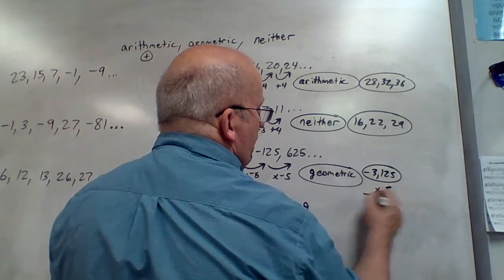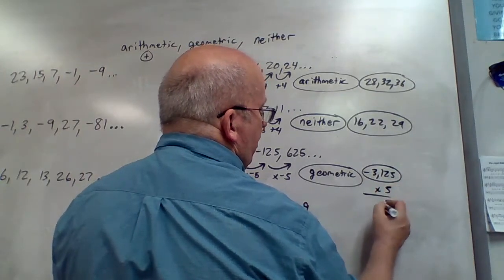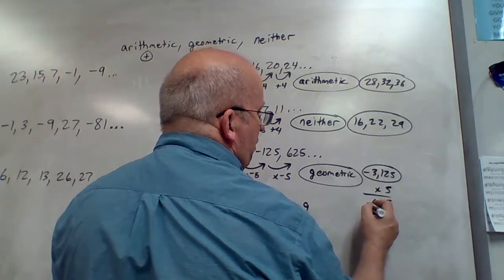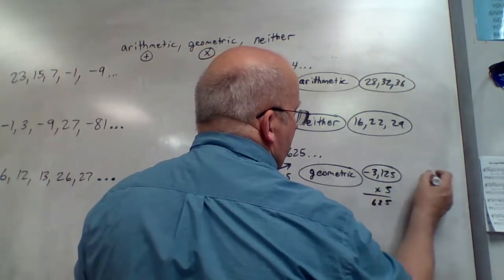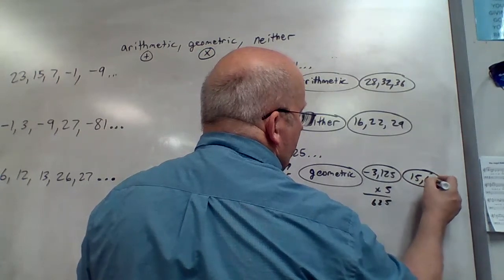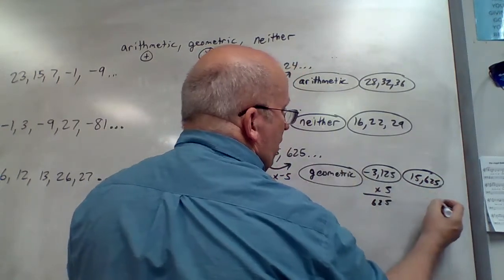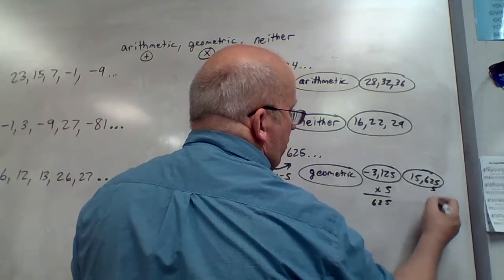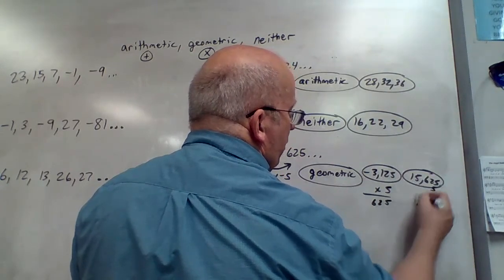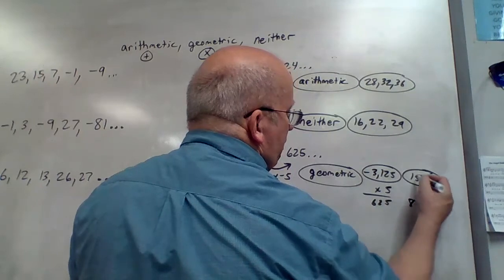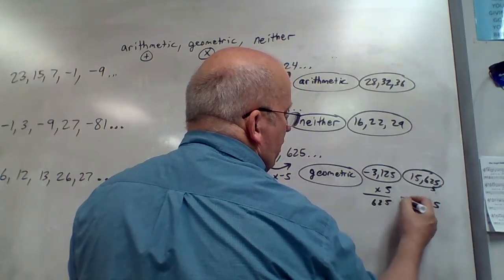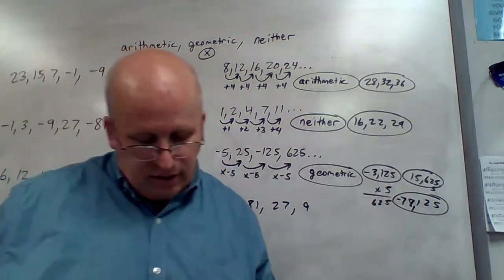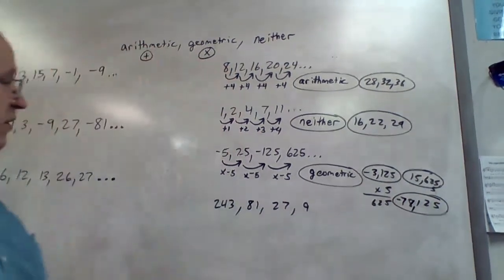And then if I multiply by negative 5 again, that puts me at positive 15,625, and then times negative 5 again will give me negative 78,125. So the third number in the pattern will be negative 78,125.